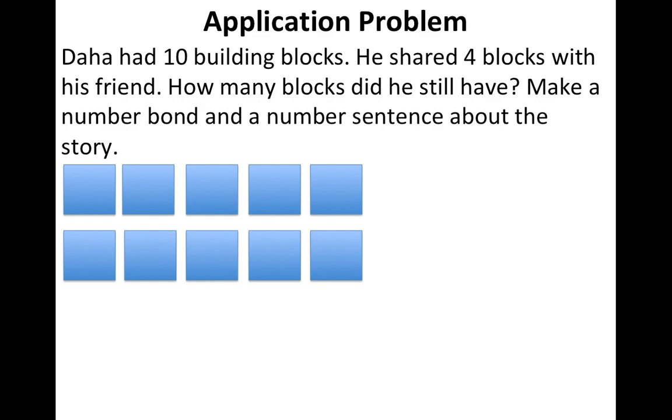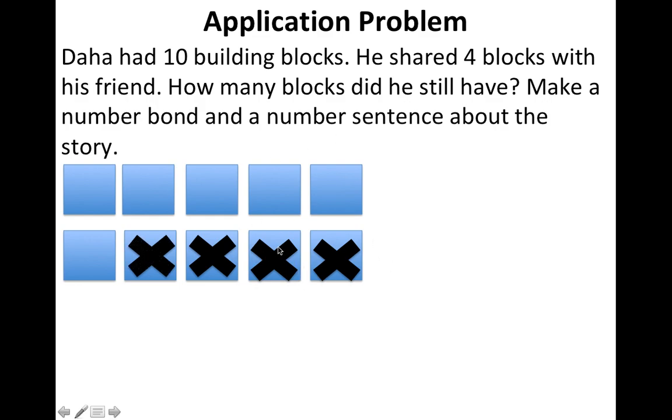So I showed the blocks as squares, and from the story, we have 10, right? We did the 5 group way. We have 5 at the top, 5 at the bottom, which makes 10. He shared 4 of his blocks with his friend. So to show that he shared it or gave it away, I'm going to put an X on the blocks.